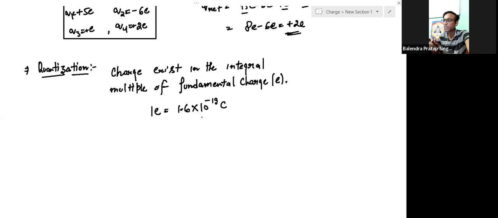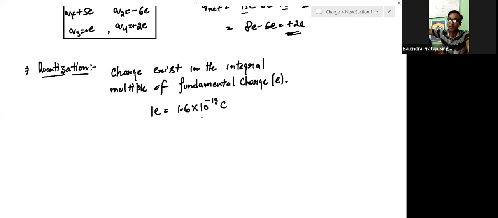We always say that Q is equal to 1e, 2e, 3e, 4e, 5e, 6e, or ne. Suppose you are counting floors on a building. You consider ground floor, first floor, second floor, third floor, fifth floor, or nth floor.